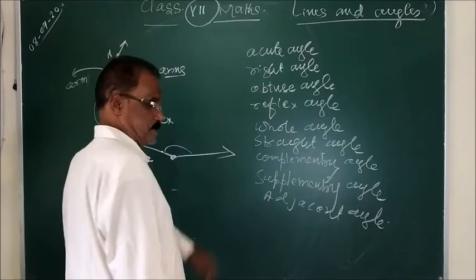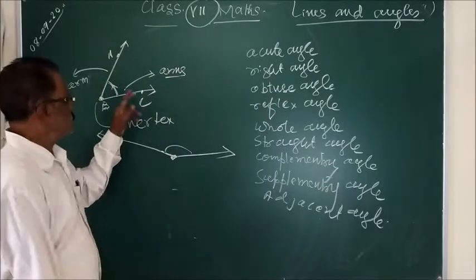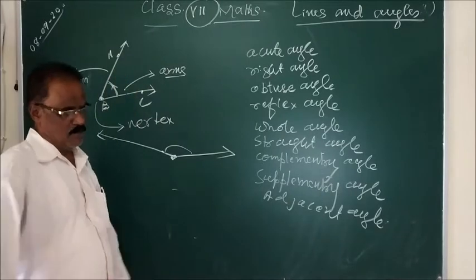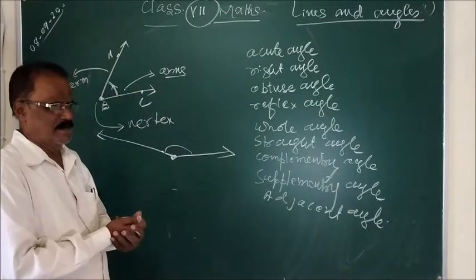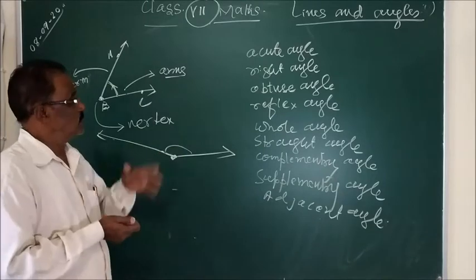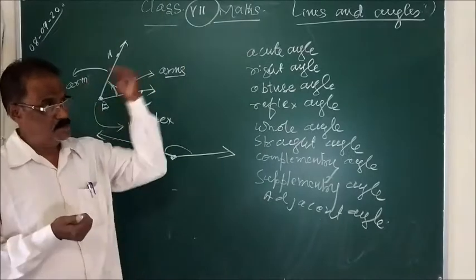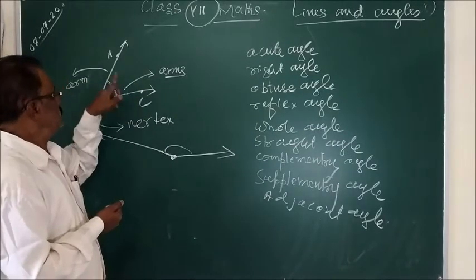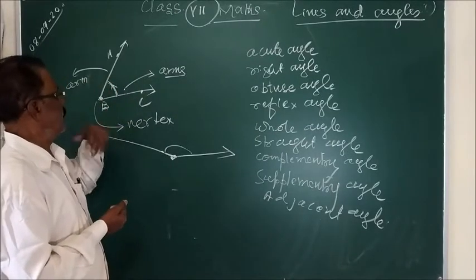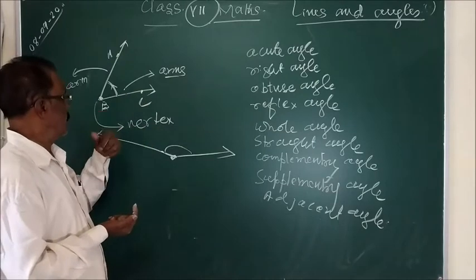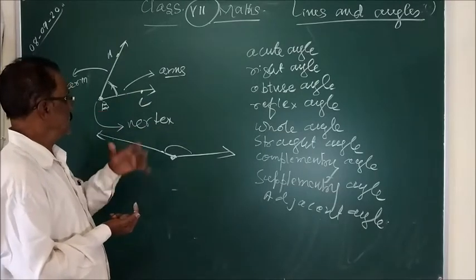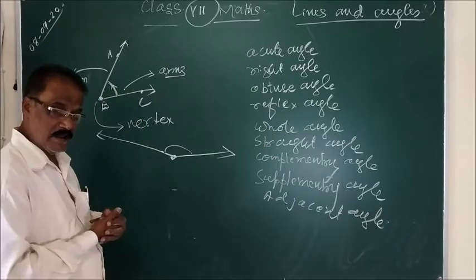So the angle is now clear. That fixed point is called the vertex, and these two rays which form the angle are generally called the arms of the angle, or sides. So these AB and BC are arms, this is the vertex, and that's all in this angle.